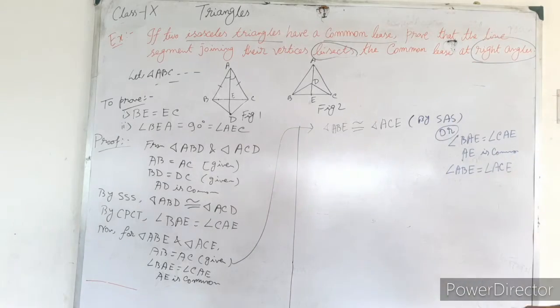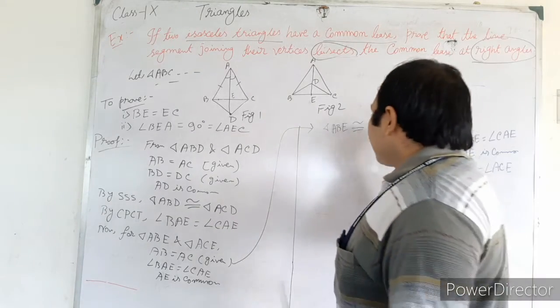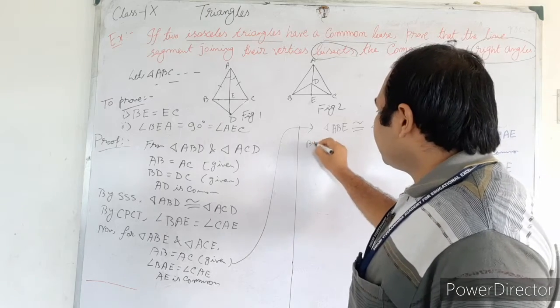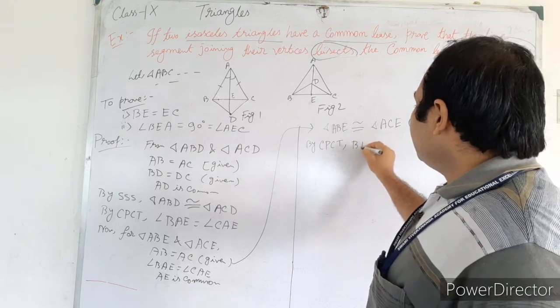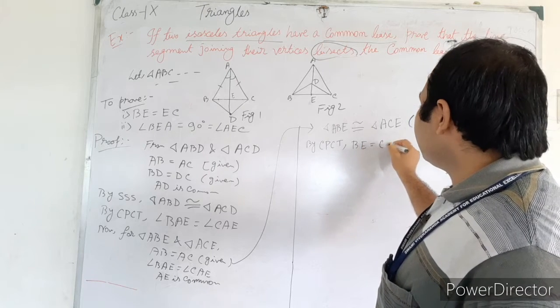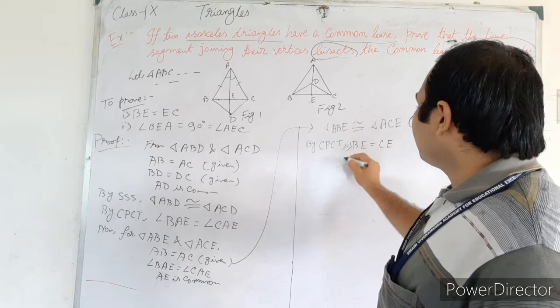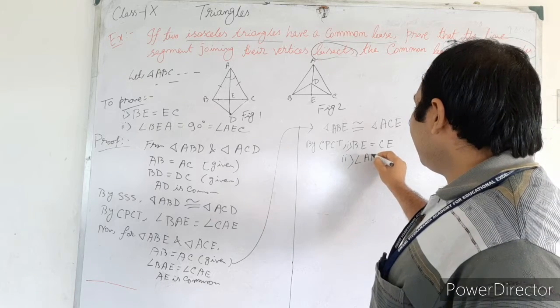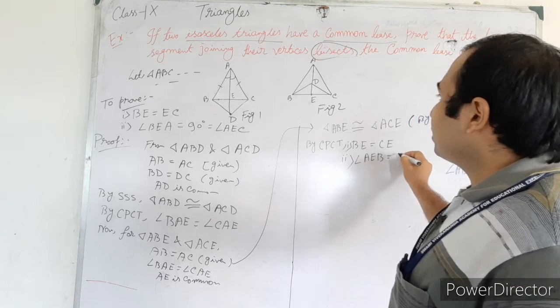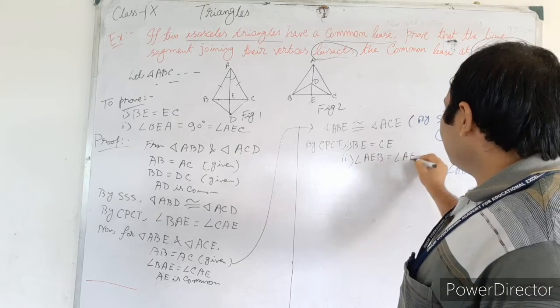You can use this one also, no problem. Okay, so from here, by simplicity, we can say now BE is equal to CE, and this is number 1. Number 2, angle AEB is equal to angle AEC.